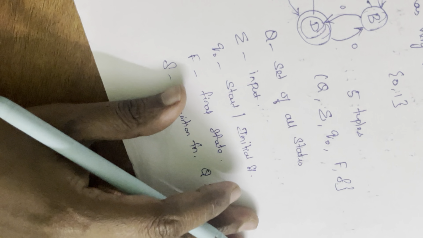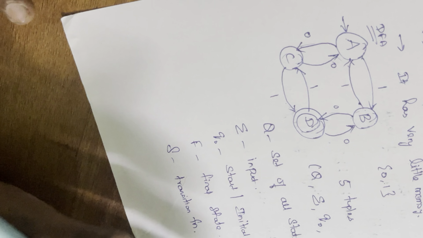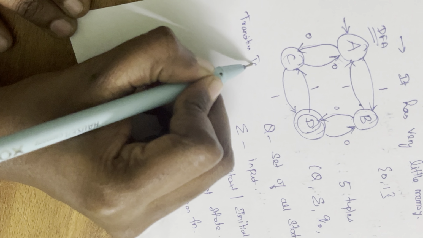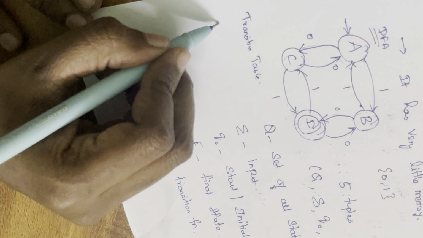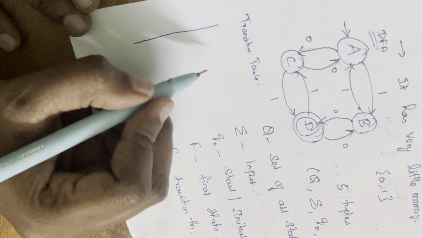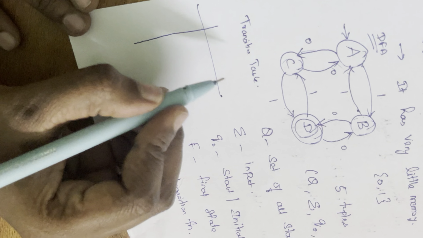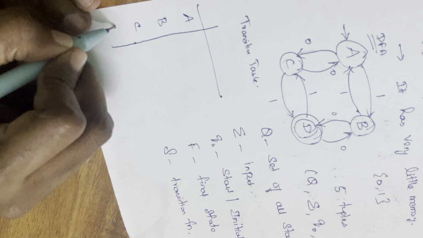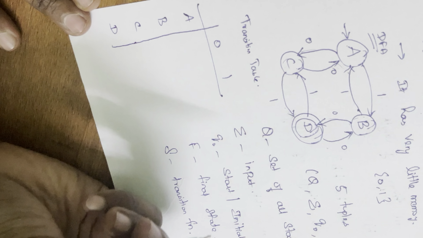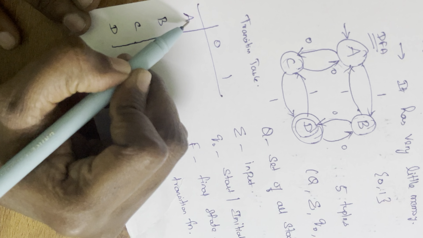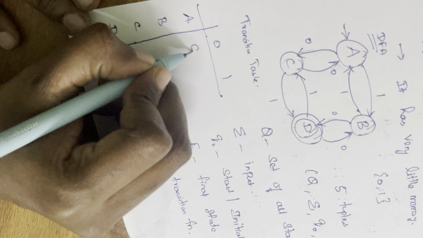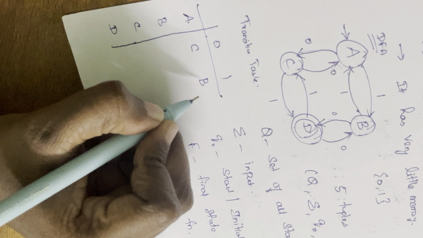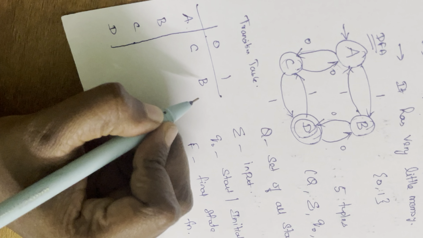For the same diagram, let us write the transition table. You have 4 states in total and 2 input values. A when 0 goes to C, and A when 1 goes to B. The same way you do it for all states.